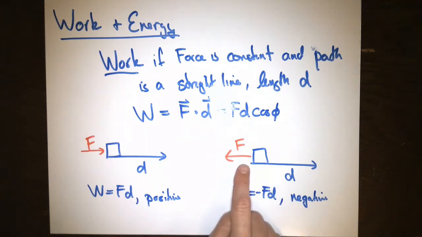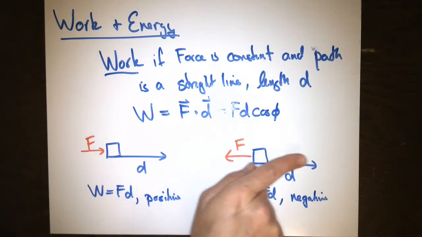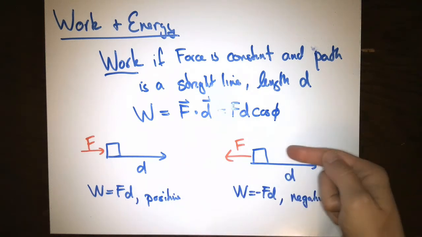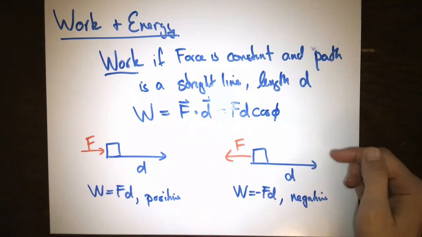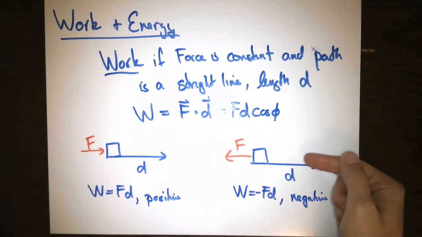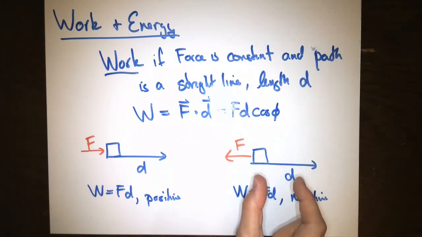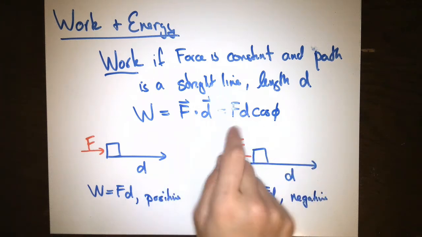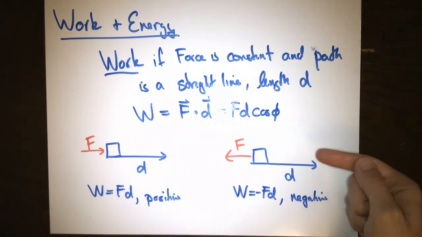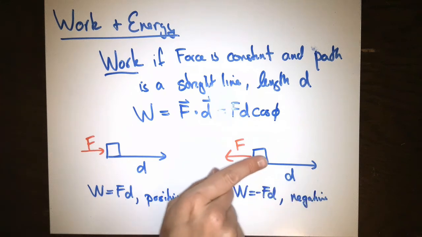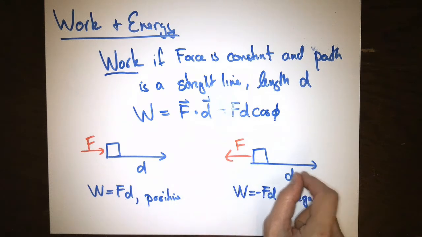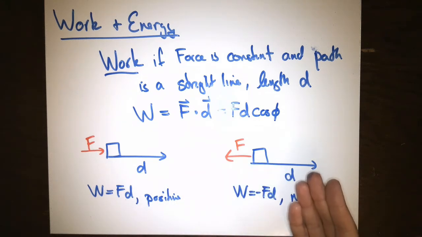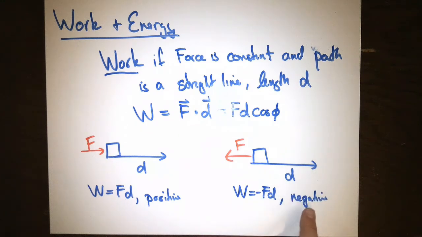And that makes sense from what we know about the Newtonian model. If an object is moving that way, but there was a force on it this way, and that's the net force, then that force is going to tend to make it slow down. The velocity is this way, but the acceleration is in this direction, so the velocity is going to get smaller and smaller. That will obviously reduce its kinetic energy. So here, a negative work means the object's losing energy to that force.